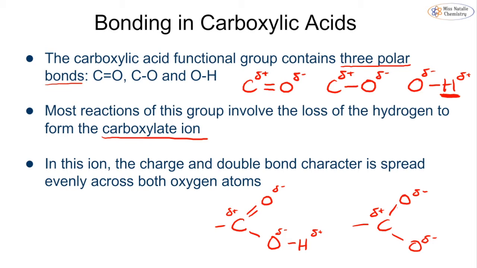But rather than having a double bond, what we actually see is the charge and the double bond character being spread across both oxygen atoms. So we get something that looks a little bit like that, with that dotted line showing that the charge is spread between the 2 CO bonds. And this is our carboxylate ion because of that negative charge, and it's formed when we've lost that proton.